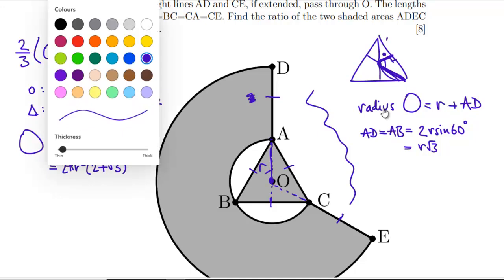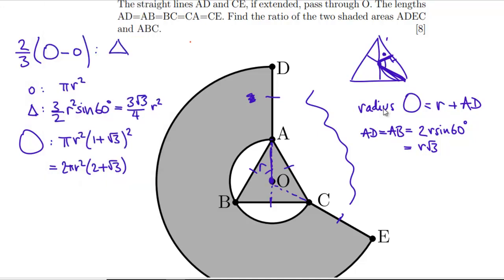Right, so now we just need to tidy all of this up into some kind of ratio. Let's change color again so we don't lose track of where we are. So we have to do 2/3 of the 2 pi r squared (2 plus √3) minus pi r squared, to 3√3 over 4 r squared. So all the r squareds are going to disappear.